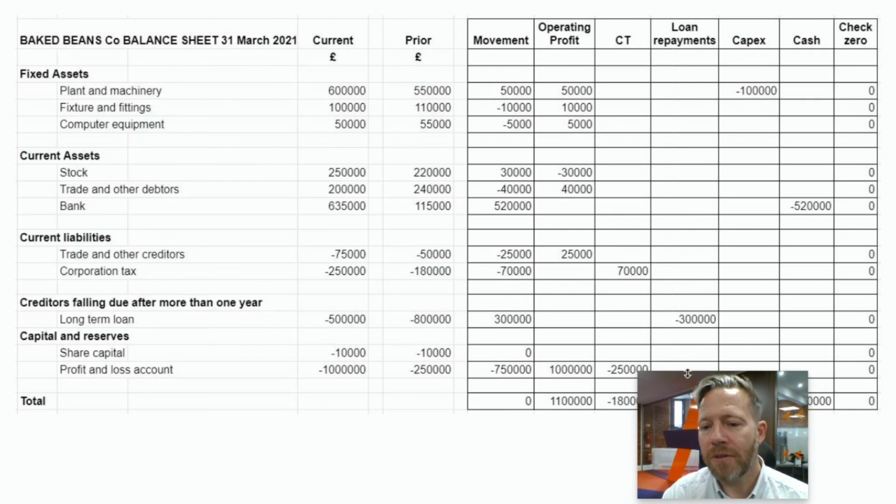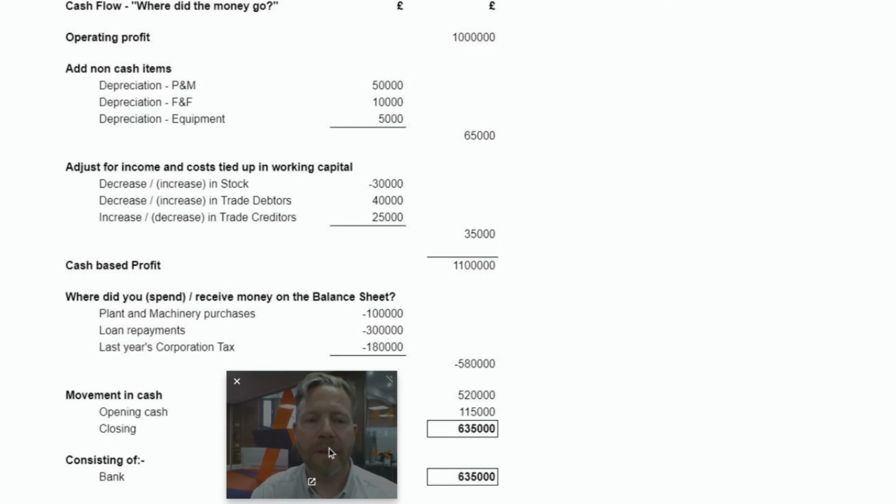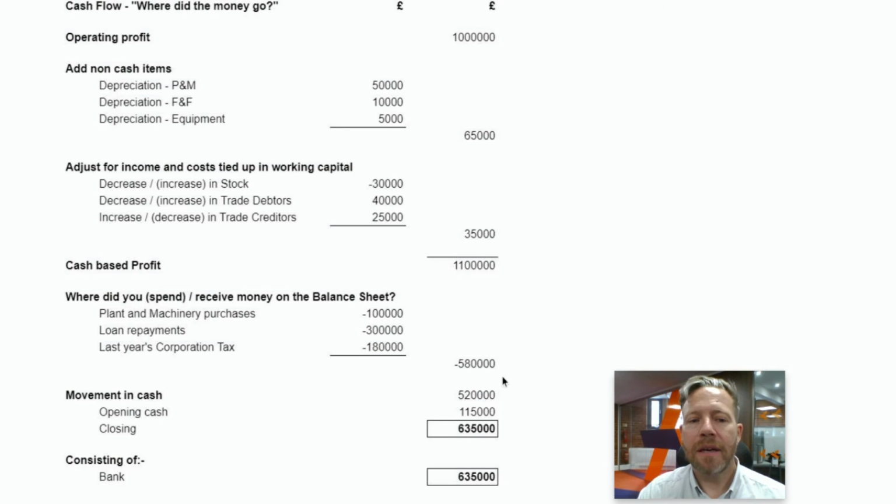By reminder, I'm taking them off the bottom of these columns here in my cash flow template. So we can now see our cash-based profit of £1.1 million. So that ignores all of the non-cash items and the timing of expenditure in the profit and loss account.